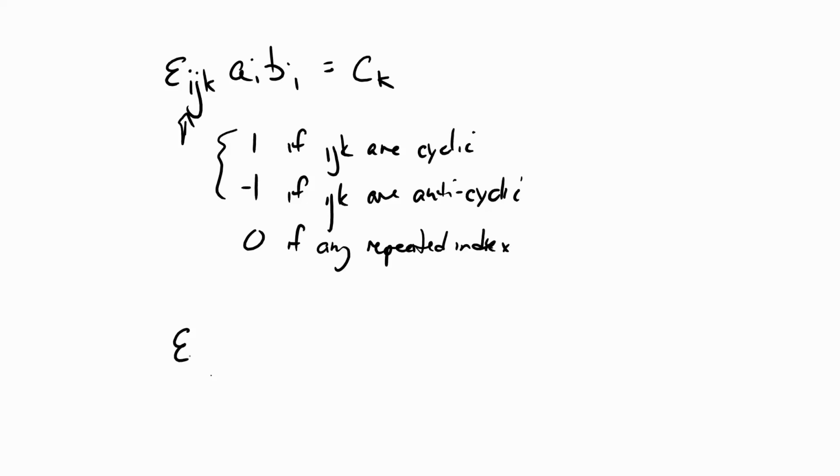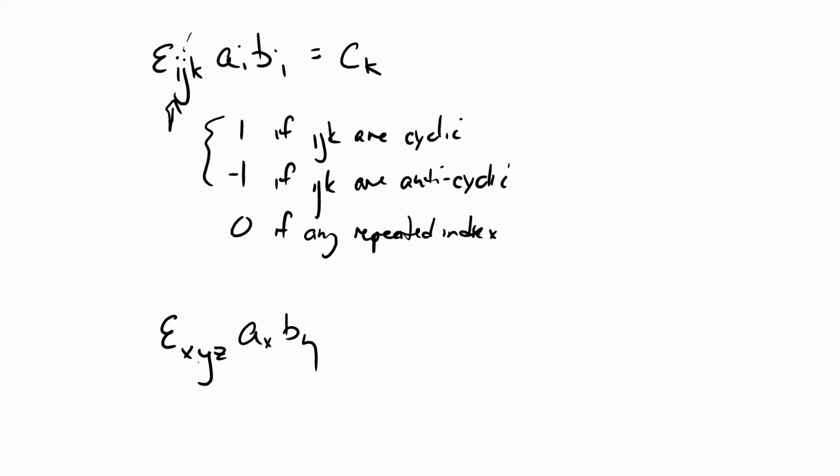All you get are terms that look like this, x, y, z, times ax, by. And again, because we're repeating these indices, we have to sum over all of them. So that means we would also catch a term that looks like yxz.